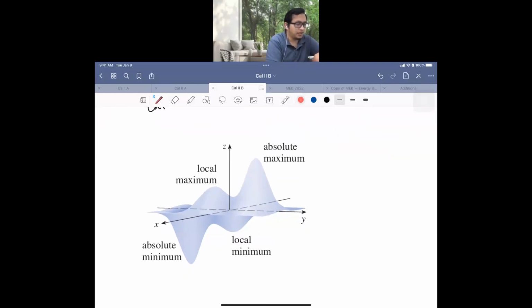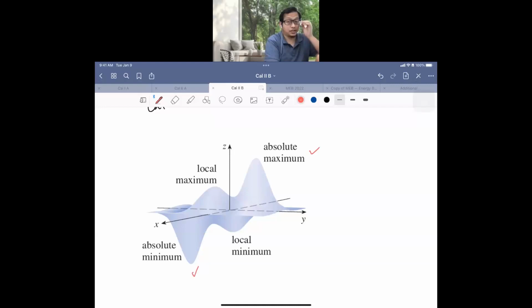And I think the definition is similar to calculus one. If you have a domain and a point that is maximum on all the domain, then that point will be the absolute maximum. And if it is lowest, then it will be the absolute minimum.